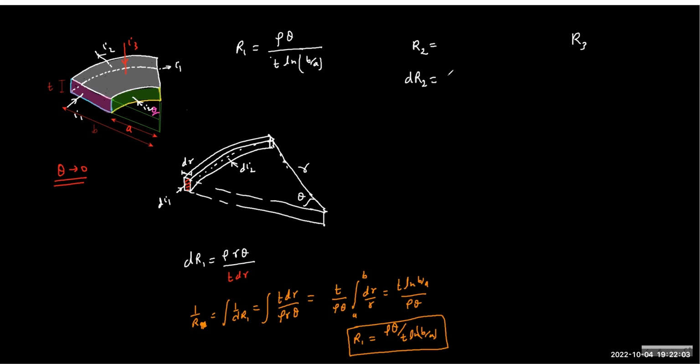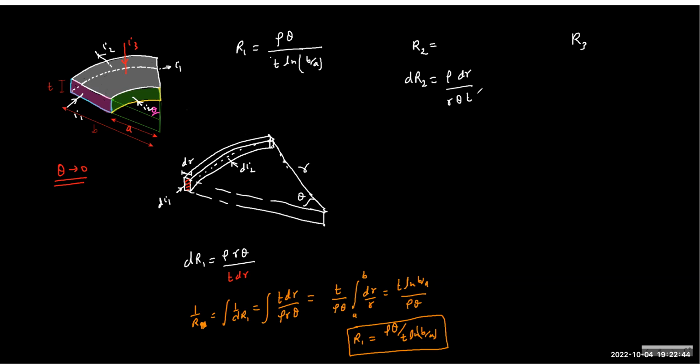We have to use the same formula, rho L by A. But what is L here, and what is A here? The L becomes dr, which you don't realize at all. So rho dr is the L part, and what is the area? How much area are you crossing? Okay, anyway, I think we will never get this answer.